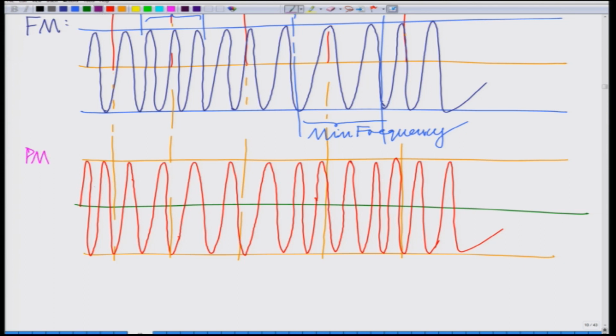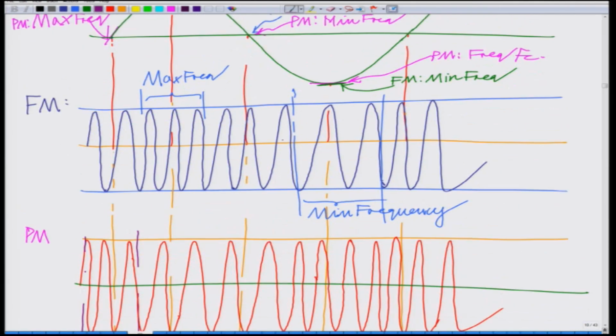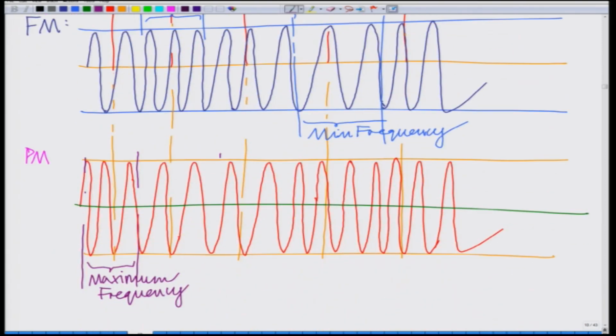If you look at the phase modulated signal, the maximum frequency will occur where the derivative is maximum, and where the derivative is negative maximum, for instance in this region, that corresponds to the minimum frequency.